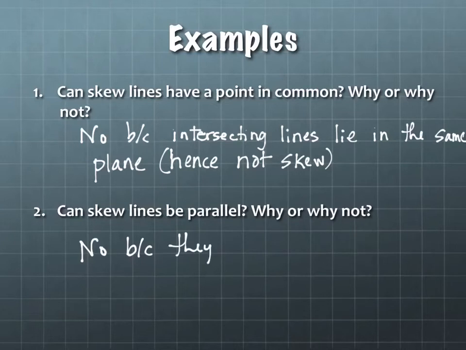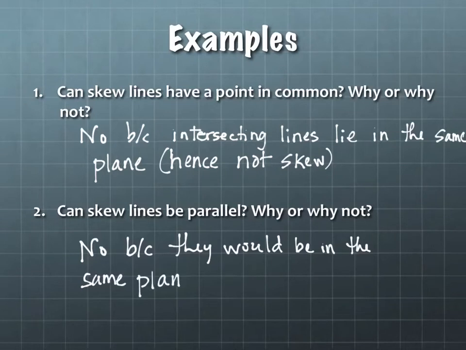So it's no, because they would be. Hang on, let me see how I'm reading. In the same plane. Right? Parallel lines have to lie in the same plane. Skew lines can't. So skew lines are not coplanar, parallel lines are. You can't be both at the same time. You either are or you aren't.